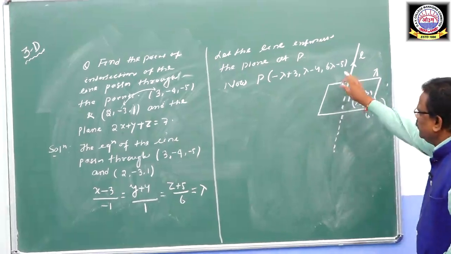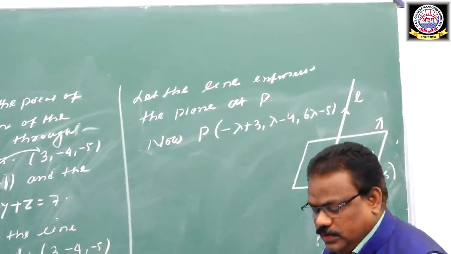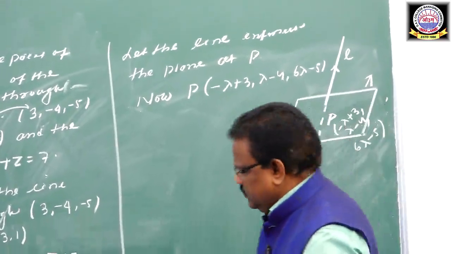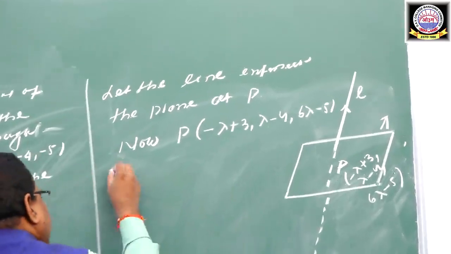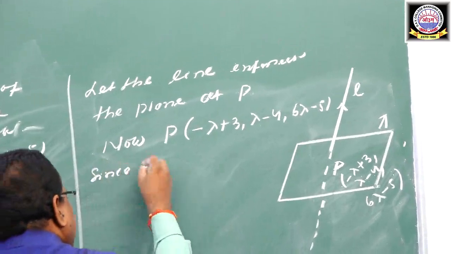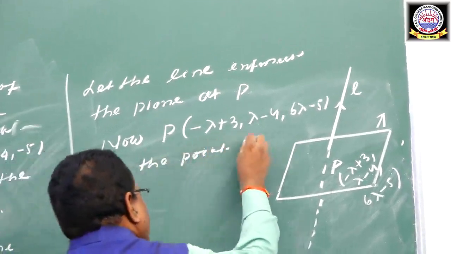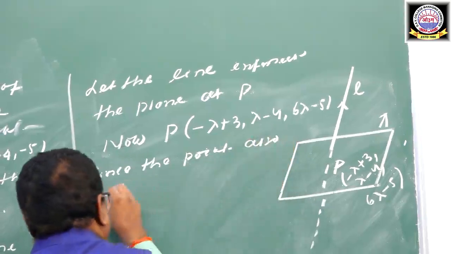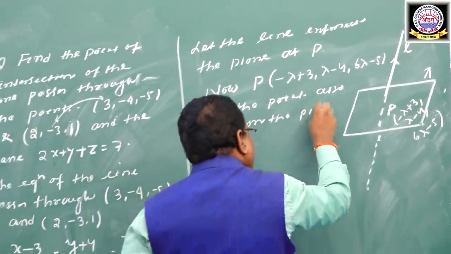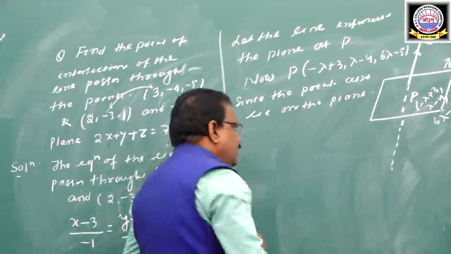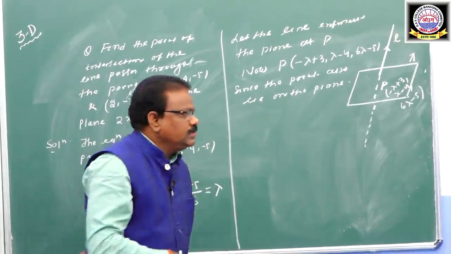Now you can put these coordinates in the equation of the plane. Write down: since the point P also lies on the plane, the coordinates of the point P will satisfy the equation of the plane.